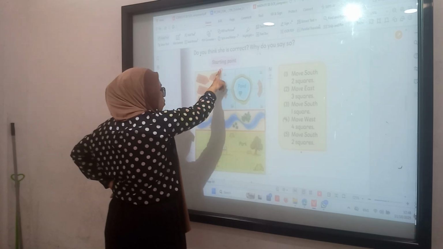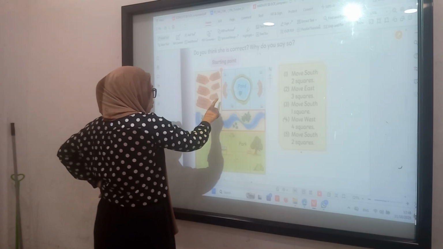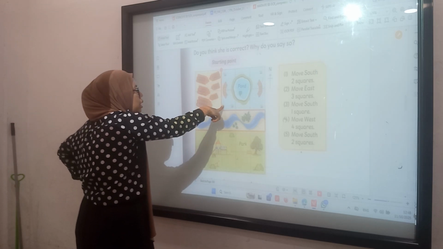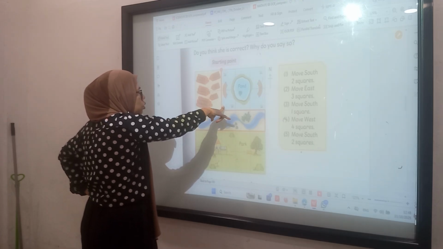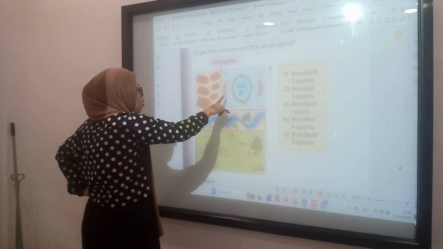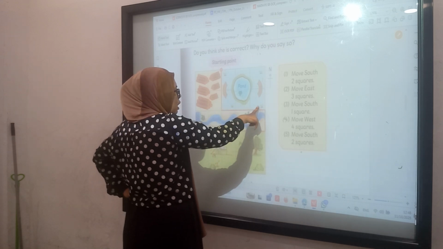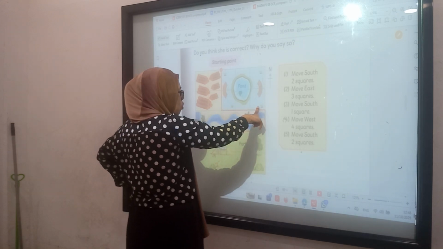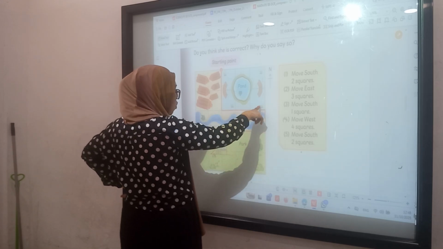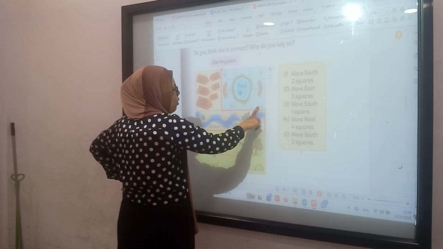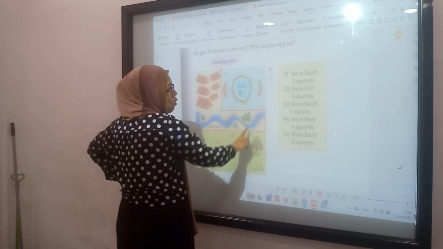So from here we move two squares, 1, 2 here, and then move east three squares. Move east, so we have to go to the right, 1, 2, 3. And after that, we move south 1 square. South is we have to go, we have to stay here, move 1 square. It means that this is not correct.